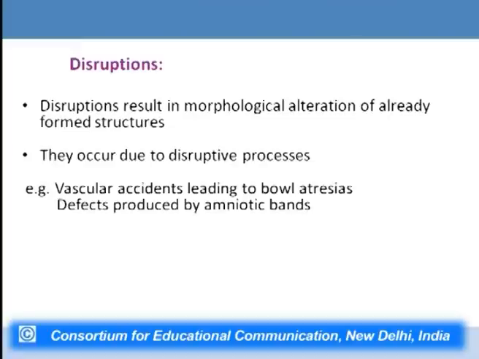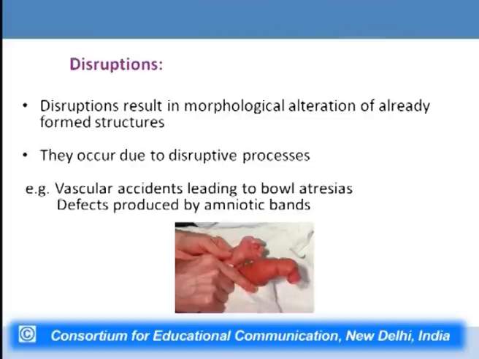So, if an amniotic band forms around the organ, it will not develop properly further on, or if it has developed properly, then it will stop growing from that point onwards. This figure shows how, because of the formation of amniotic bands around the hand of the individual, it led to malformation of the hand of this newborn.